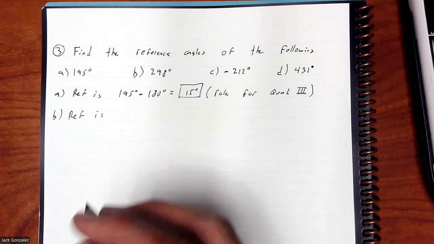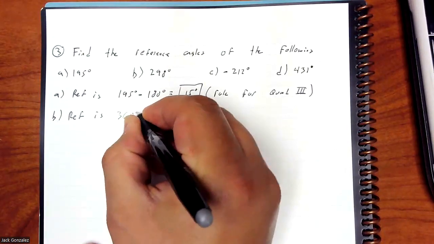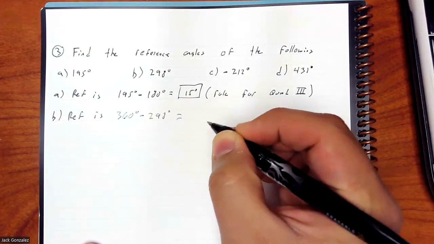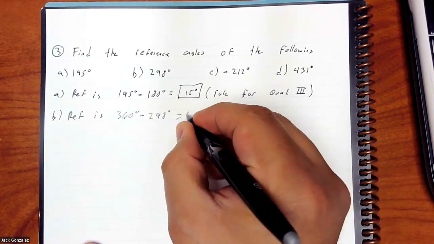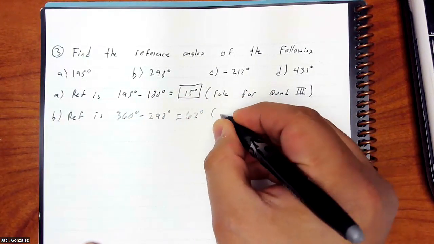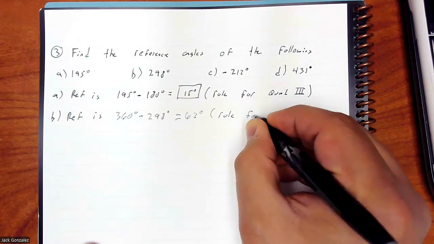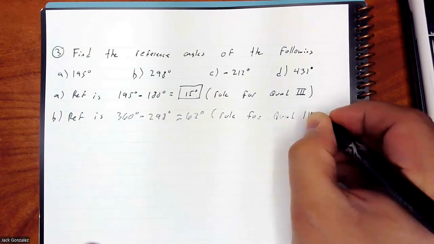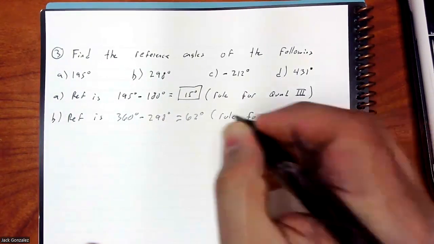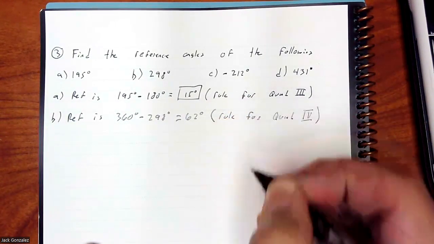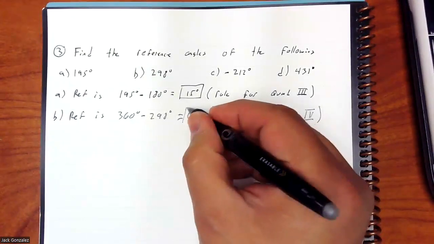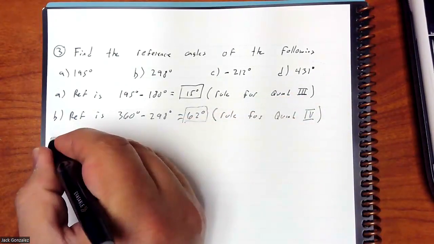So you take 360 minus 298. So that'll be what? 62. 62 is your reference angle.